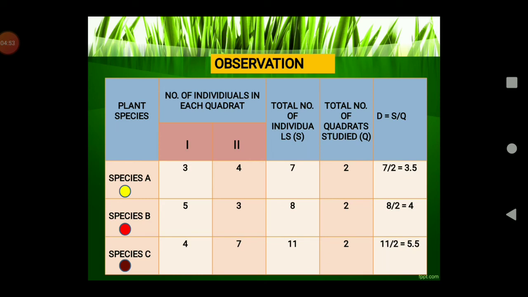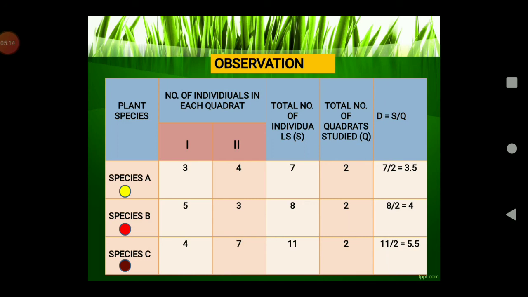Then total number of quadrats we have studied is only 2, right? And finally, the density of that particular species is S by Q. S is total number of individuals, Q is the number of quadrats studied. So in this way we will get the population density of all the three species.